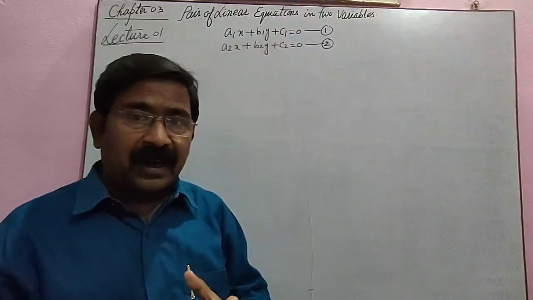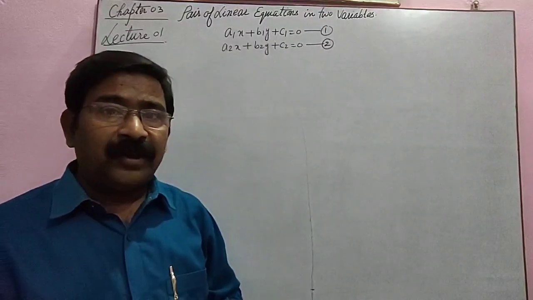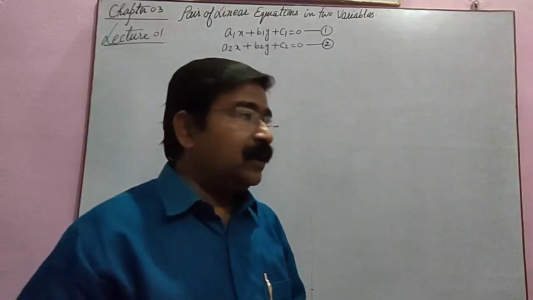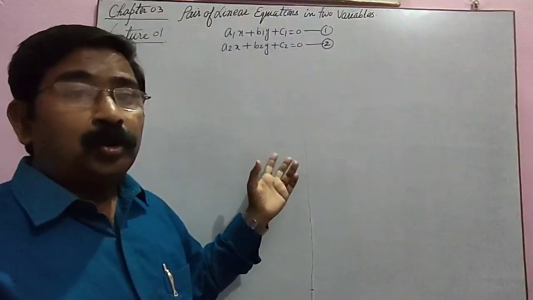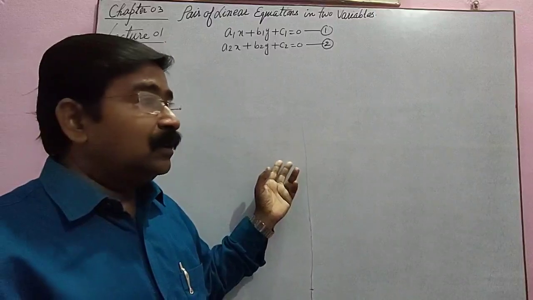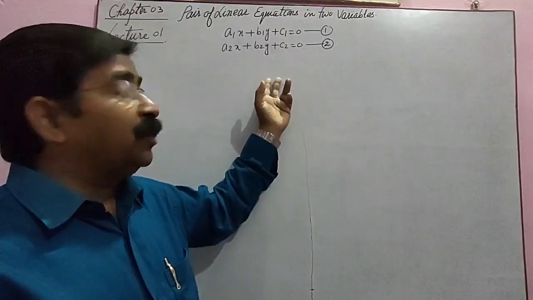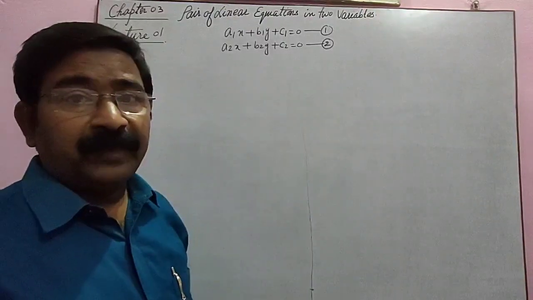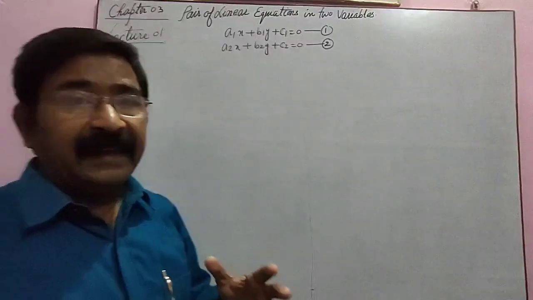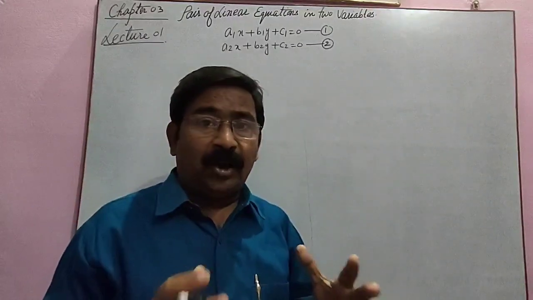Three conditions are there. What conditions? Means how the two lines are together on the plane. Means whether the lines interact with each other or not.